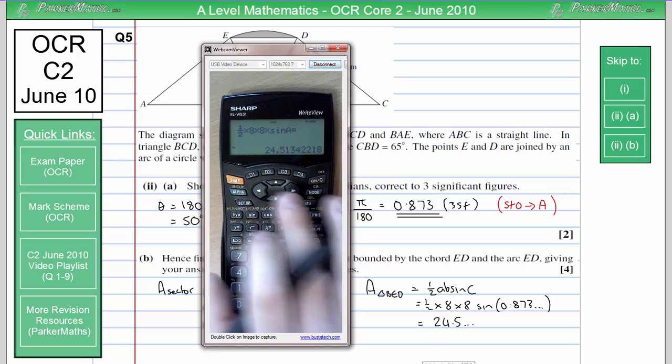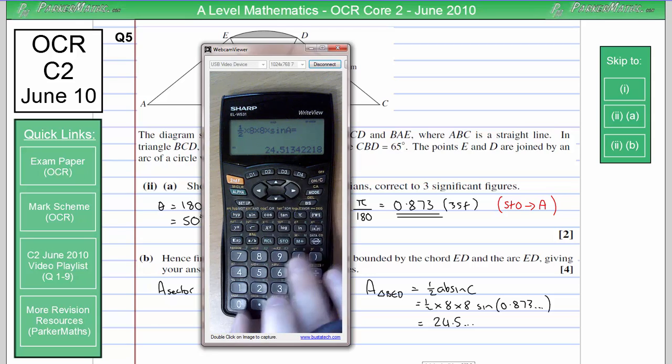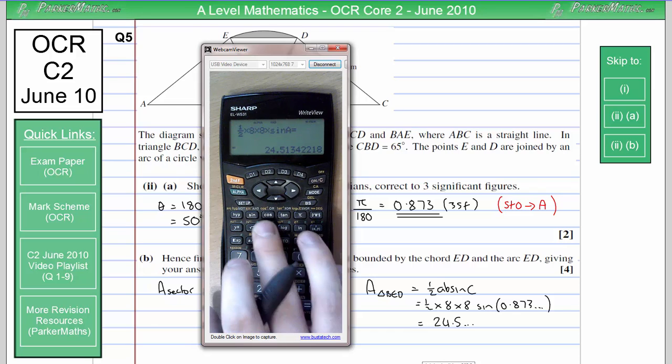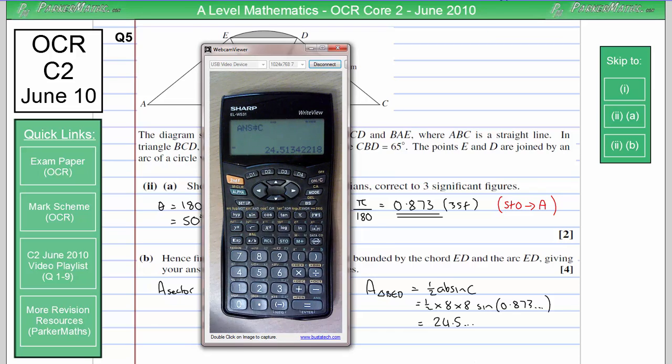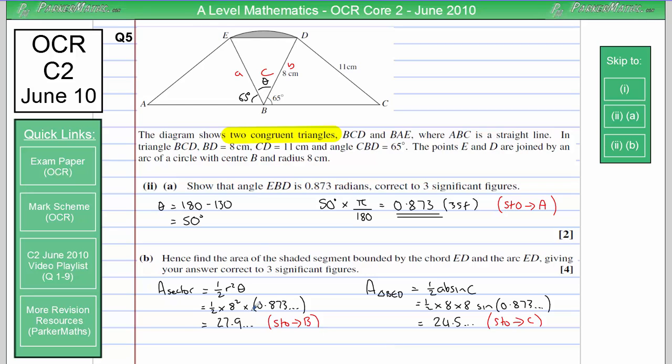One last time, I'll store that as a new value. This time I'm going to store this one as C. So finally, to find the shaded area, I need to do the area of the sector, which is 27.9 and so on, and subtract the area of this triangle.